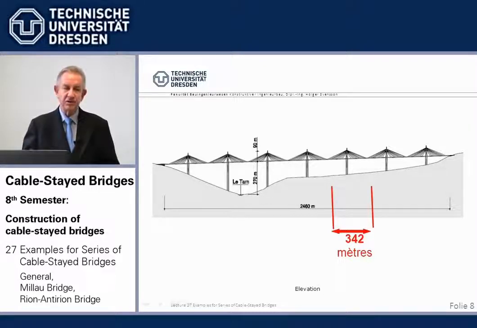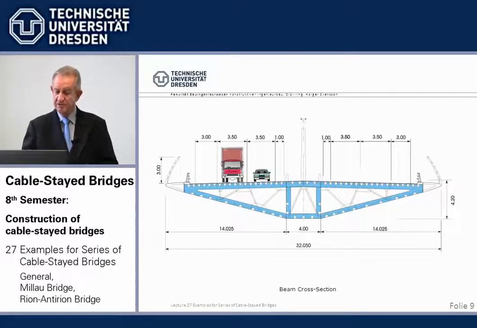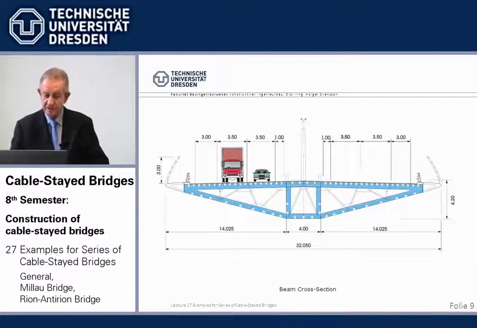However, the contractor came up with an alternate, which was Eiffage, the company founded by Eiffel, major French steel contractor, and it was more economic, so the steel alternate was built. We see here the cross-section.